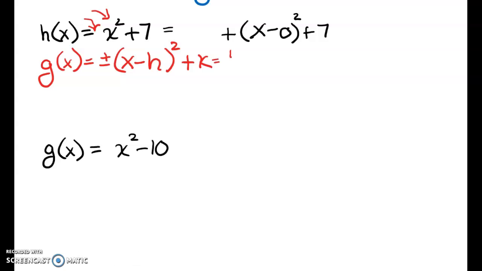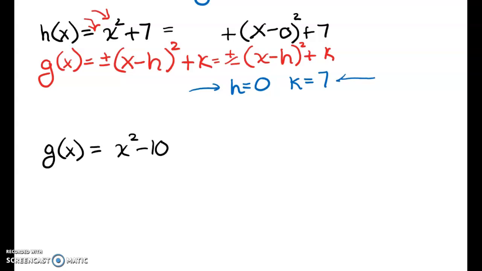So if I compare it to my generic equation again, x minus h squared plus k, h is going to be 0. And k is going to be 7. Okay, so I have a horizontal shift of 0, so I'm not moving left or right, but I am moving, right, horizontal.